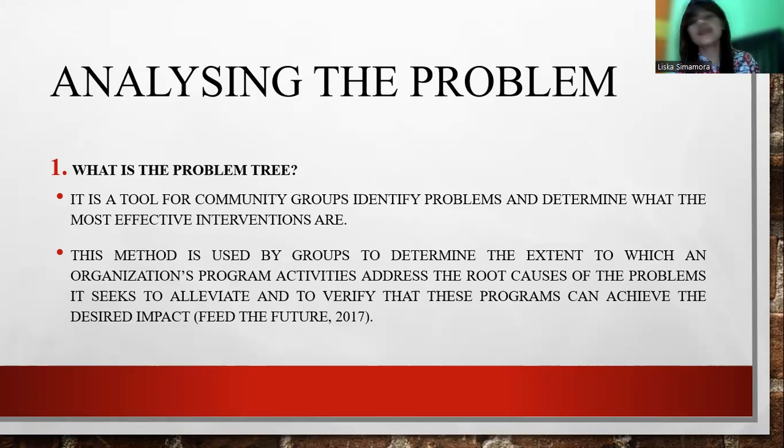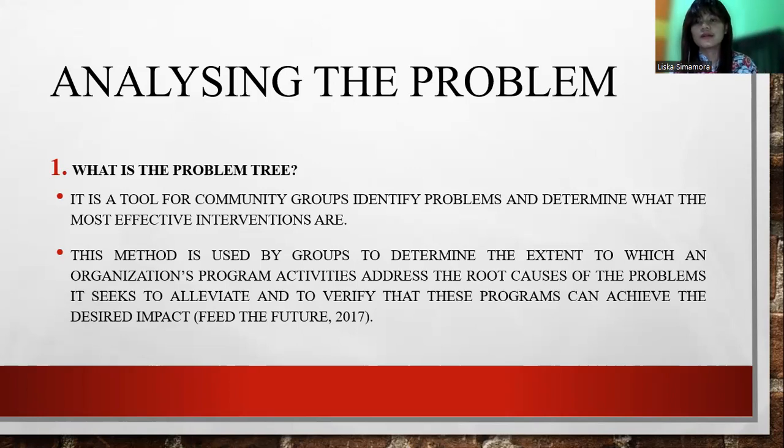by displaying that problem in the form of a tree, because a tree has three important parts: first is the root, the second is the trunk, and the third is the branches and leaves.